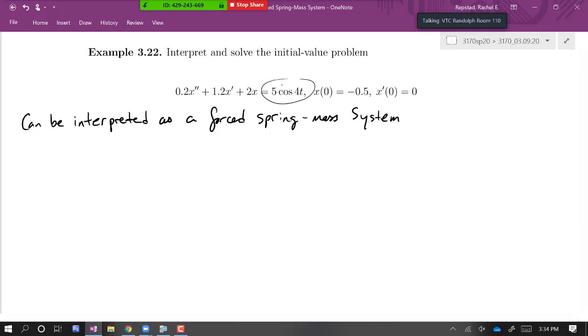In a spring mass system, there's a few things we want to identify: the mass, the damping constant, and the spring constant. So what's our mass here? The coefficient on x is the spring constant. The mass is the coefficient on x double prime. So 0.2, and again, they haven't given us a context, so let's impose metric units, so a mass of 0.2 kilograms.